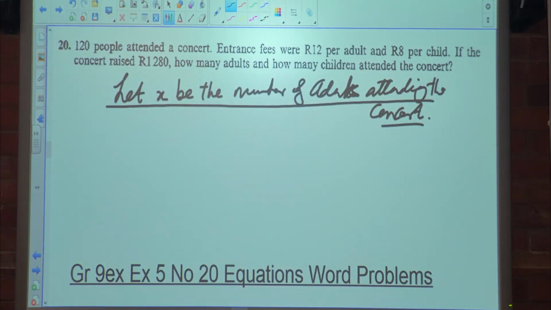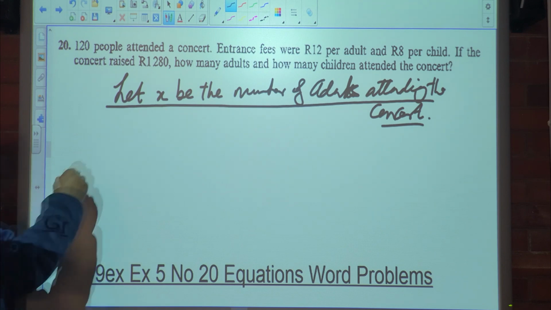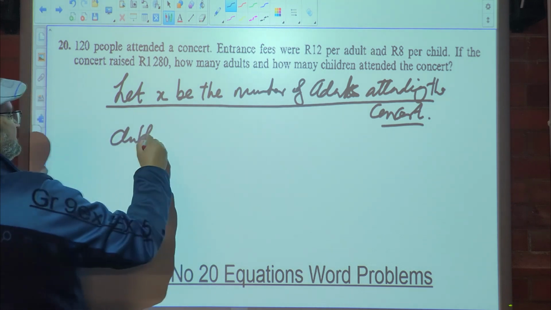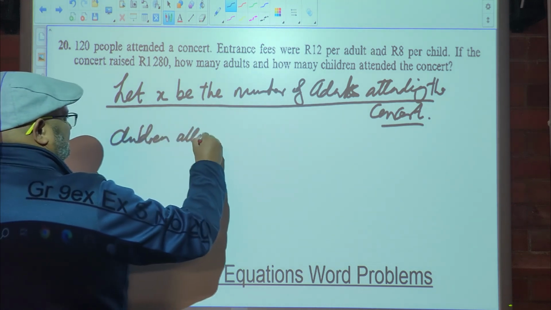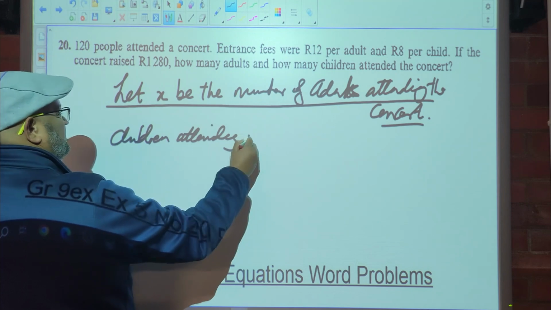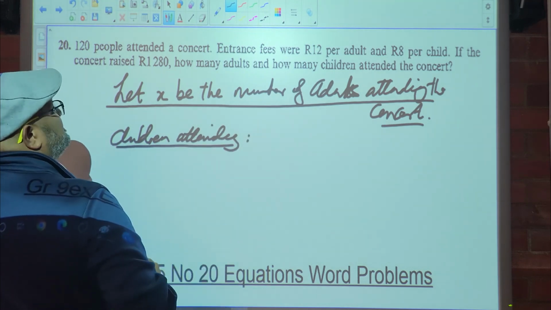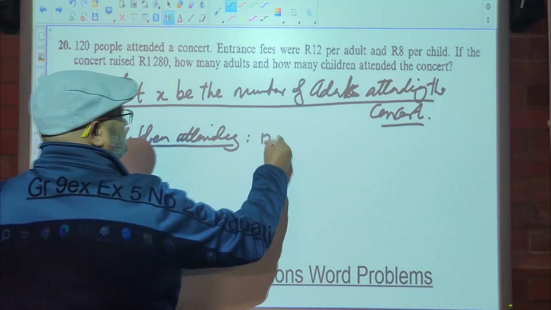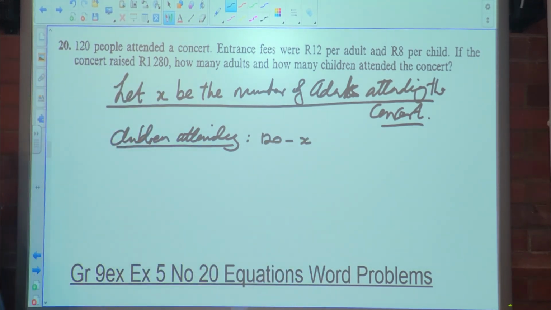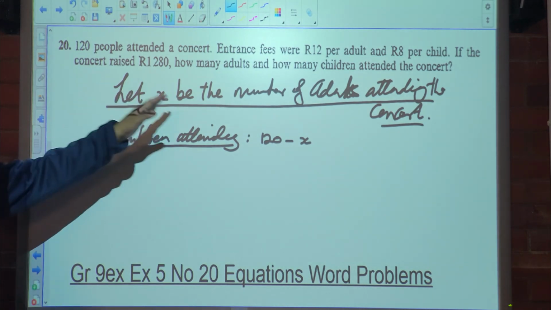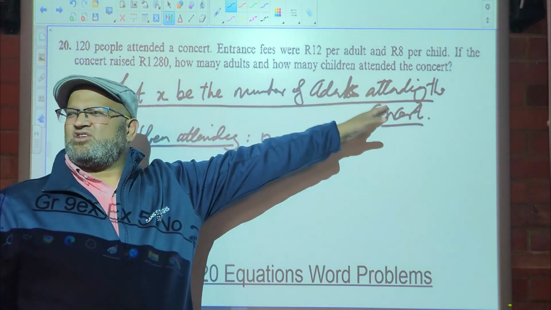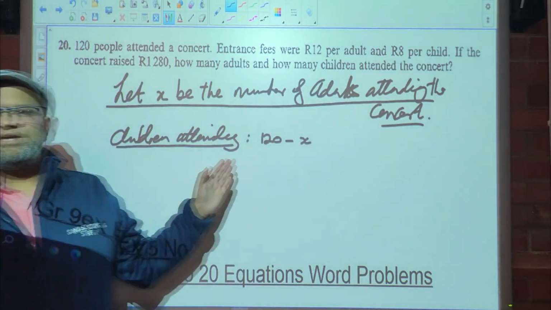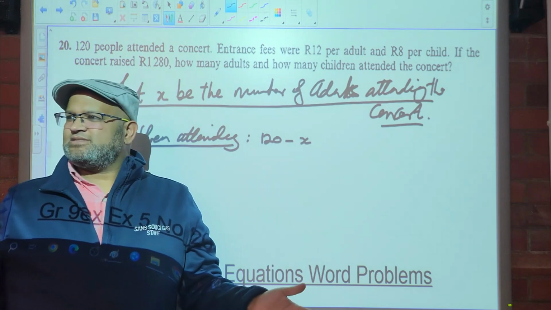So if x is the number of adults attending the concert, the number of children attending will simply be, and how many people in total? 120. So it's going to be 120 minus x. If you had let the number of children attending the concert be x, then the number of adults would be 120 minus x.